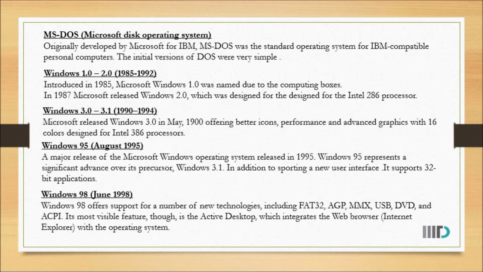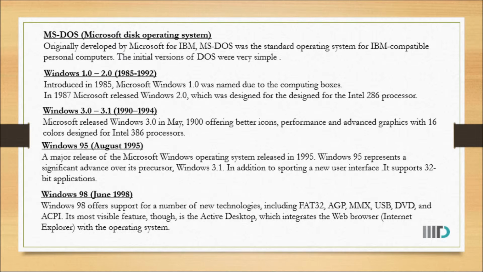Windows 3.0 and 3.1. Microsoft released Windows 3.0 in May 1990, offering better icons, performance and advanced graphics with a 16-color design for the Intel 386 processor. Windows 95, a major release of the Microsoft Windows operating system, released in 1995.